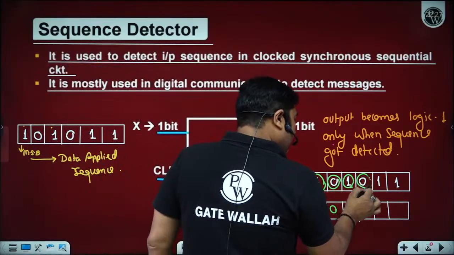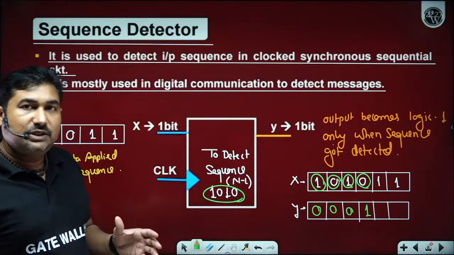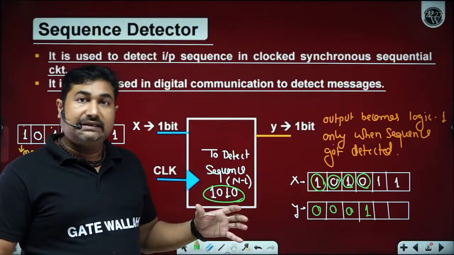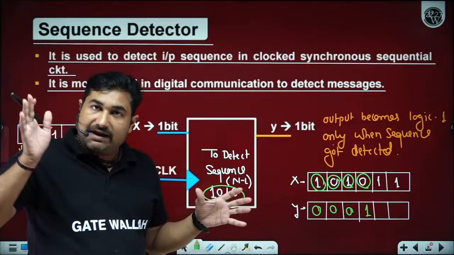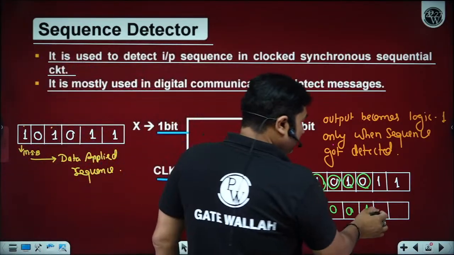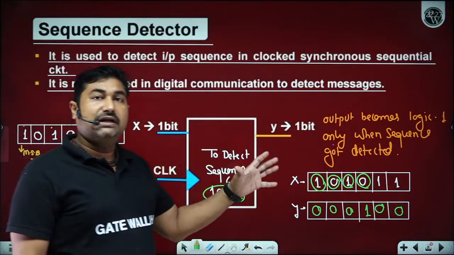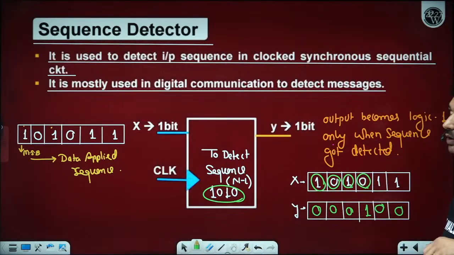Next bit 0 is received. Now the required sequence is detected. So on the fourth clock pulse, we get the required sequence 1010, the entire 4 bits in sequence detected. So the output will become logic 1. The output is logic 1 only when the required sequence is detected in a sequence detector circuit. Hoping all of you now have an overview of the sequence detector.